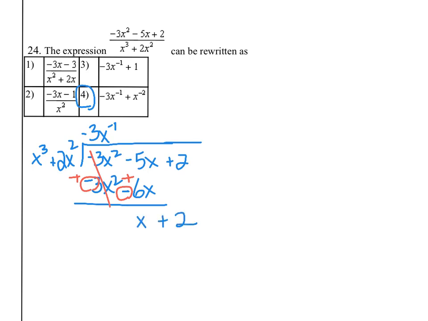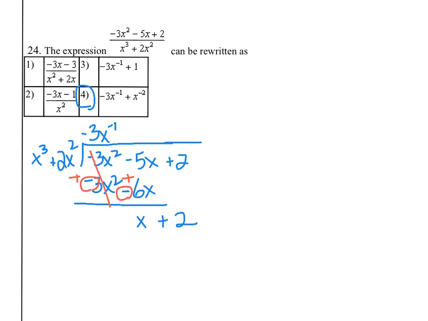All right, so again, we just want to be a little bit careful here, but we're going to do it again. So what can I multiply this by to get x? Now remember, the power here is a 1. So I'm going from a 3 down to a 1. So I'm taking 2 away, if you will.